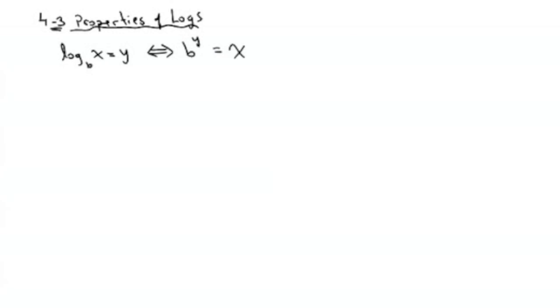It's also the definition, but that's irrelevant. The inverse property of logarithms is also a property of logarithms. They're not the main ones, but there's something to keep in the back of your mind.